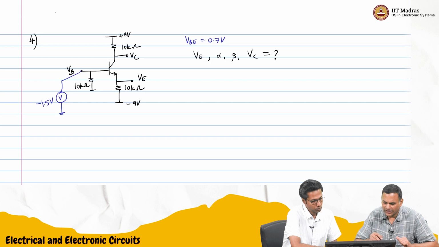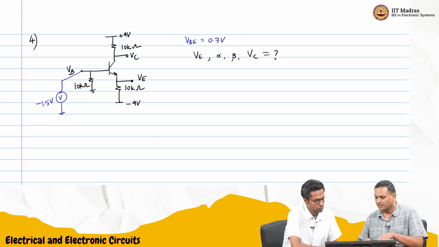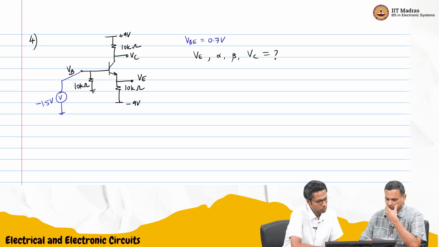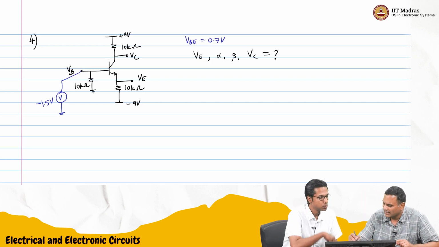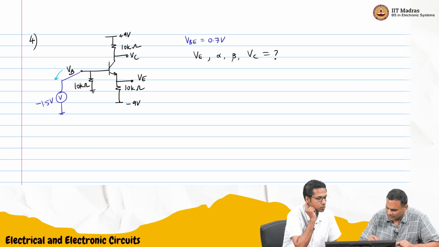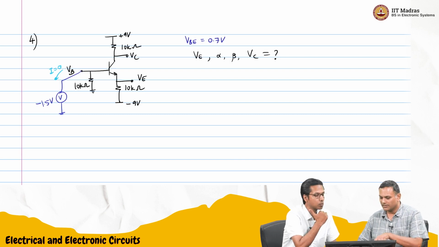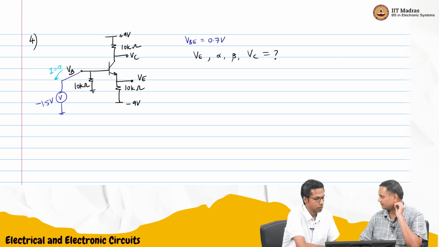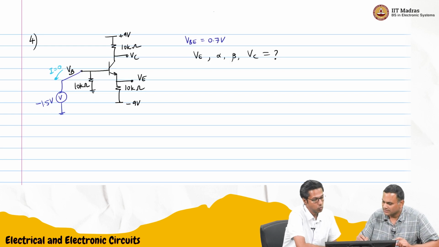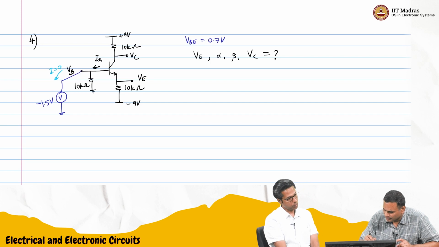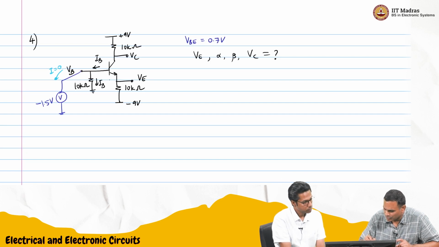So this is ground, the 10 kilo ohm is grounded. We start with the same assumption as last time: this current was 0. So we can find out the base current. Base current is going to be 1.5 by 10K.